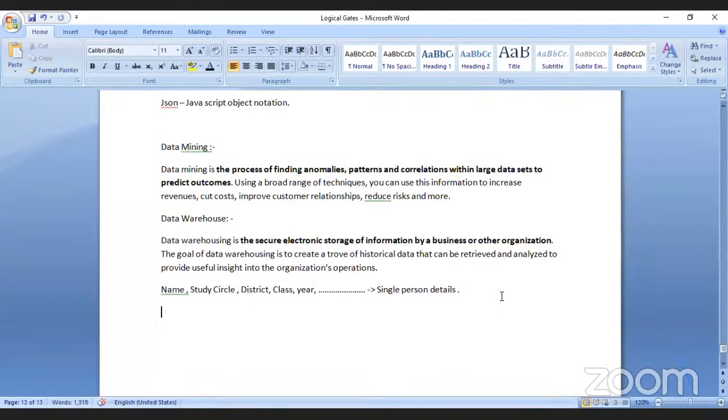Understand? I'll tell you a simple example. In festival seasons and working days the number of buses is more; on weekends the number of buses is less. How do they calculate this? Basically they do the calculation based on data mining only.